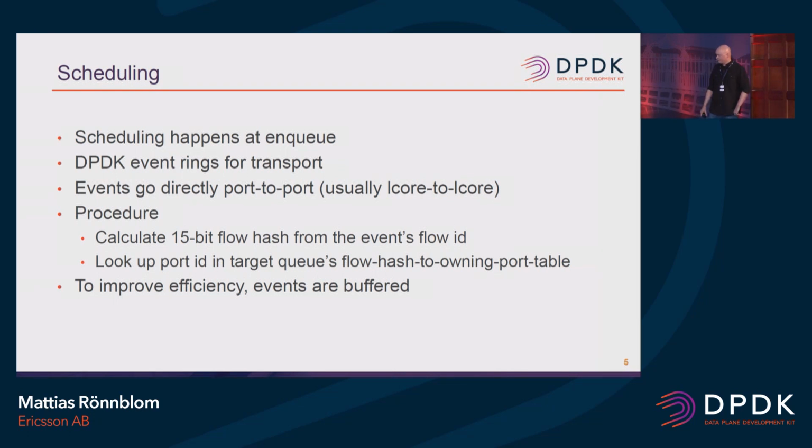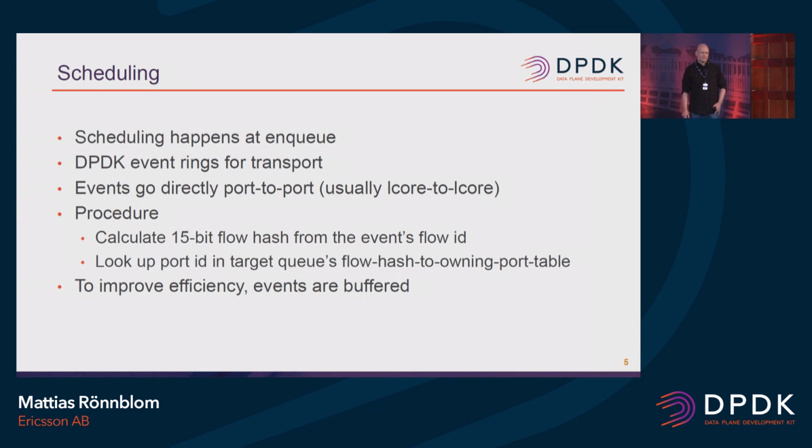So how does scheduling work in the distributed scheduler? Well, scheduling happens at the time of enqueue. And it's using DPDK event rings for transporting the events, just like the centralized scheduler. And the actual logic at the time of enqueue is really simple.